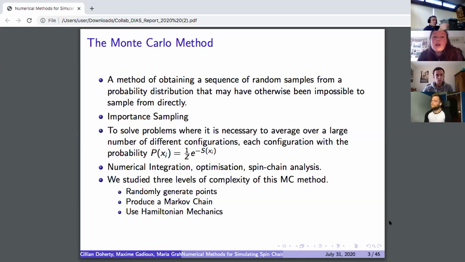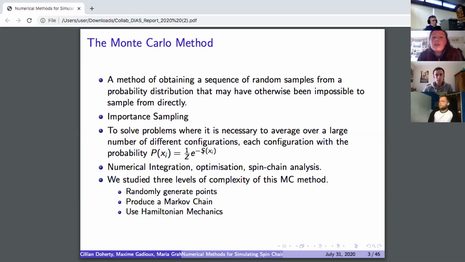So it allows us to solve problems where it's necessary to average over a large number of different configurations, where each of these configurations have the probability here, where xi are the samples, z here is the partition function, and s is the action, determining how energy costly each configuration is.